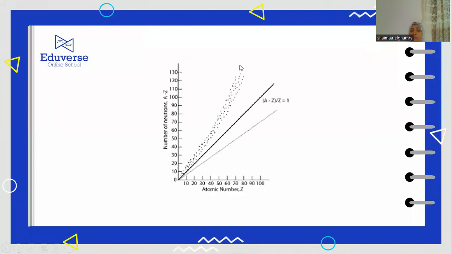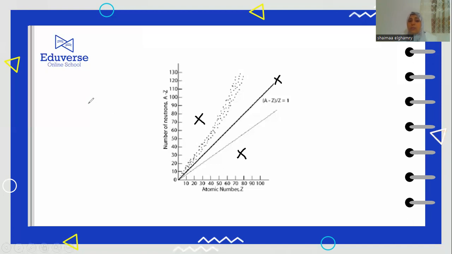Here, the nuclear stability. In the nuclear stability, we have 3 positions for instability. We have left position of the stability belt, we have right position of the stability belt, and we have the above position of the stability belt. The right position of the stability belt, in which number of proton compared with number of neutron is usually greater than number of neutron.